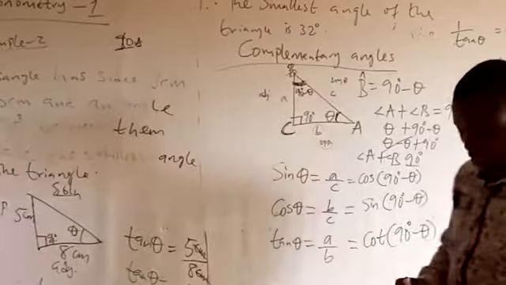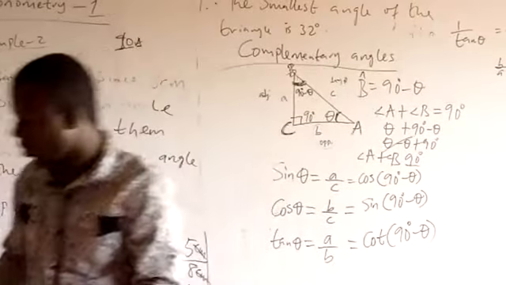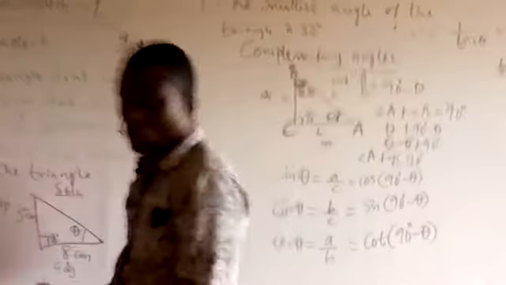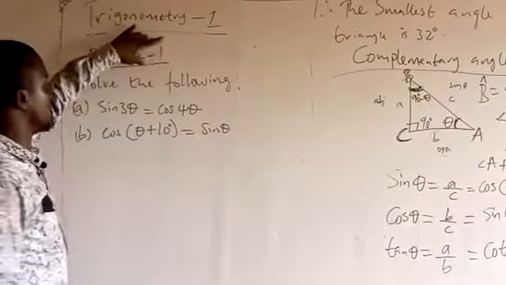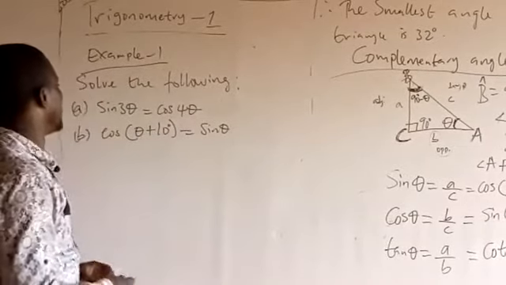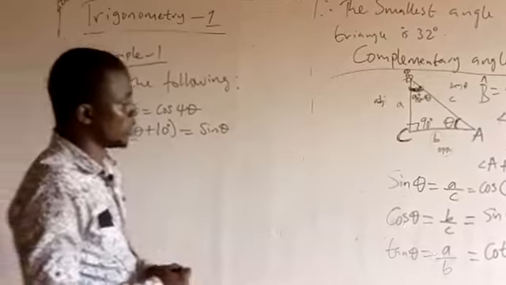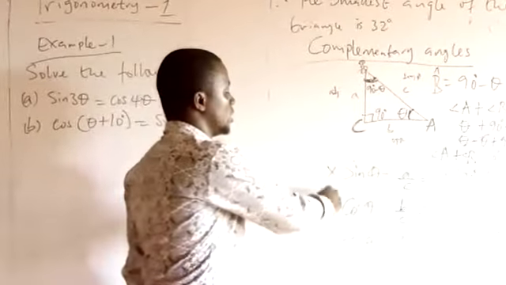So let's quickly take one of the examples on complementary angles. Let's take just one example. First of all, we will just focus on the sine and the cosine of complementary angle.